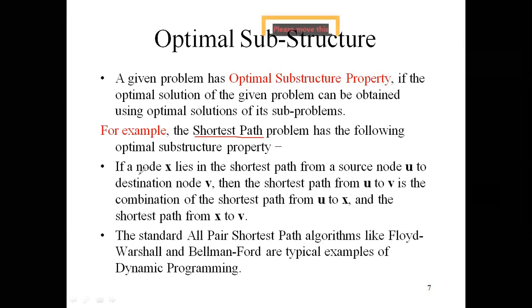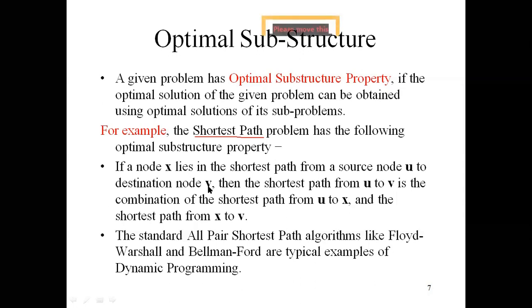See here, if a node X lies in the shortest path from a source node U to a destination node V, from U to V there is a shortest path. Suppose you consider a graph, in which we have the source node and the destination node.